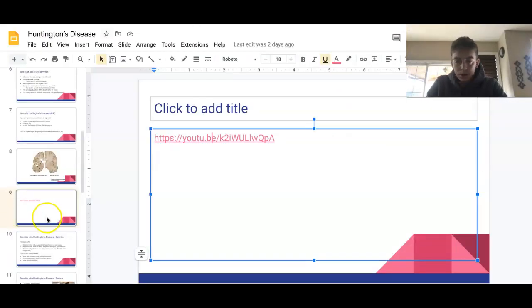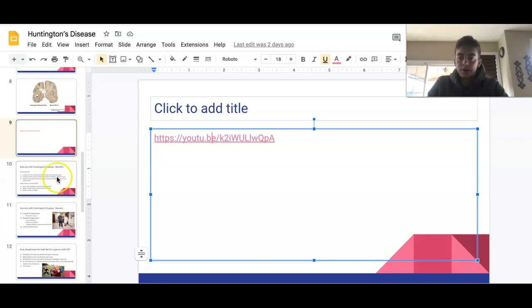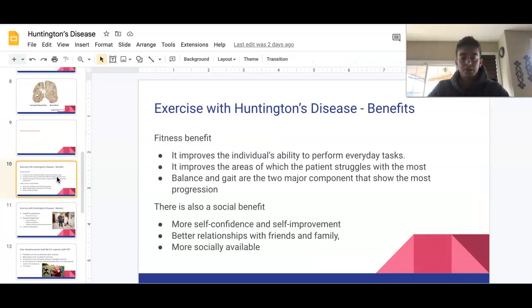Okay, so next we're going to talk about exercise with Huntington's disease and the benefits of it. There are two aspects of this: a fitness aspect and a social aspect. The fitness benefit is that it improves the individual's ability to perform everyday tasks which they struggle with. It improves the areas in which the patient struggles the most, so you can target those spots.